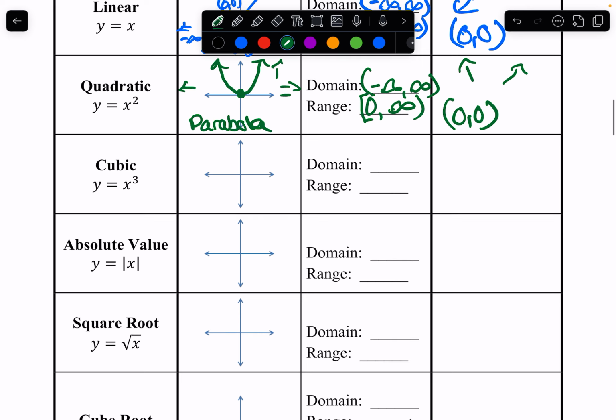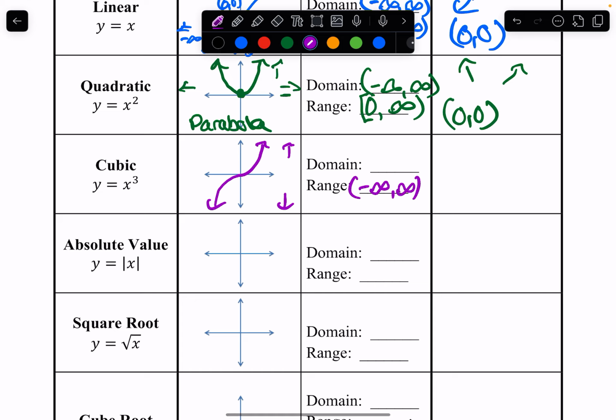Okay, next one is a cubic, y equals x cubed. That one looks something like this. Again, looking at the domain, it goes up and it goes down. That's the range that goes up and down, sorry. So the range goes from negative infinity to infinity.